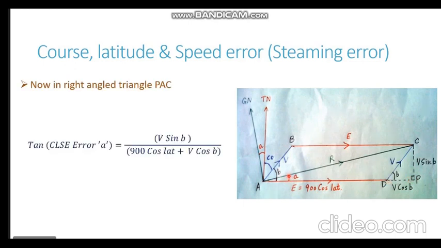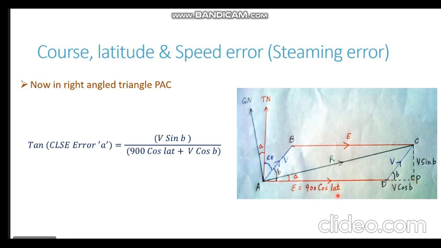This is the angle which we have here. Now tangent of small a will be equal to perpendicular, which is V sin B, Victor sin Bravo, divided by the base. The base is alpha papa, and the base is basically given by alpha delta plus delta papa.